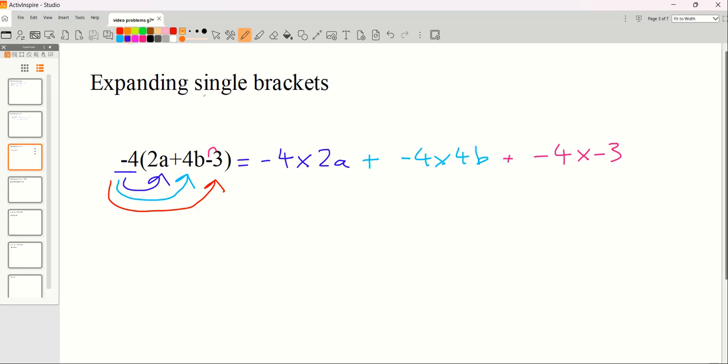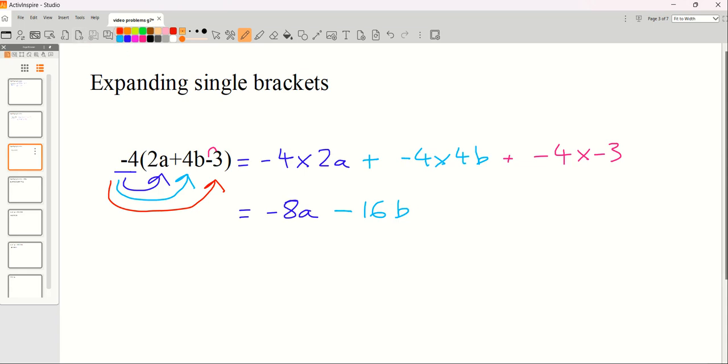Now let's go ahead and continue to simplify the terms. Minus 4 times 2a: minus 4 times 2 is minus 8, and we put an a on the back. And then the next part is minus 4 times 4b, which means minus 16b. There is only one letter in this case, which is the b, so we put the b.